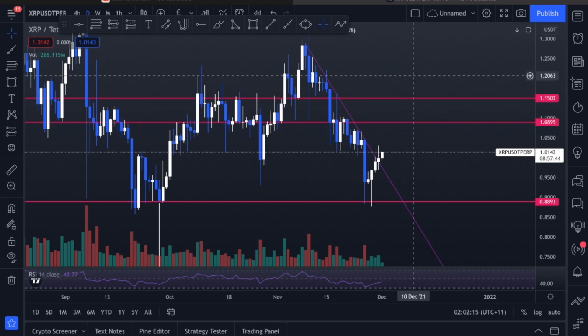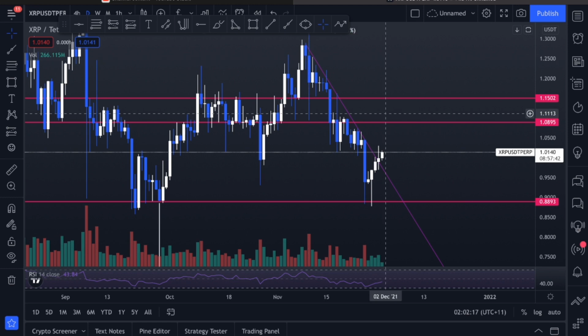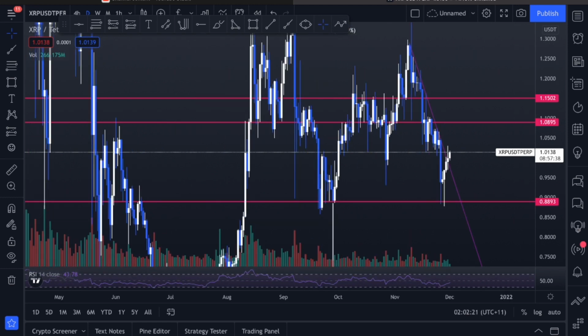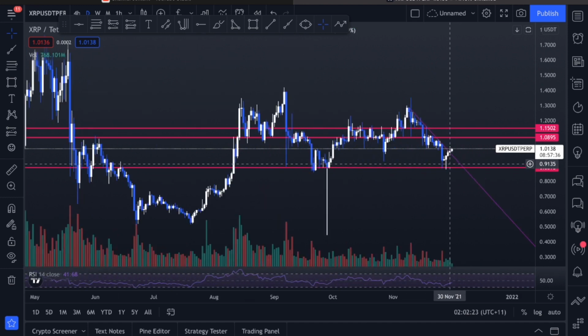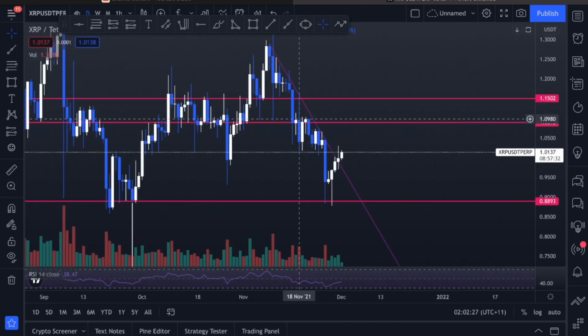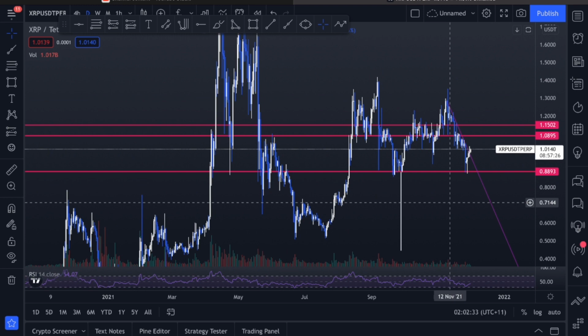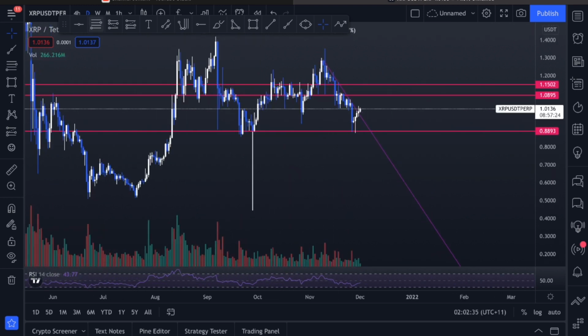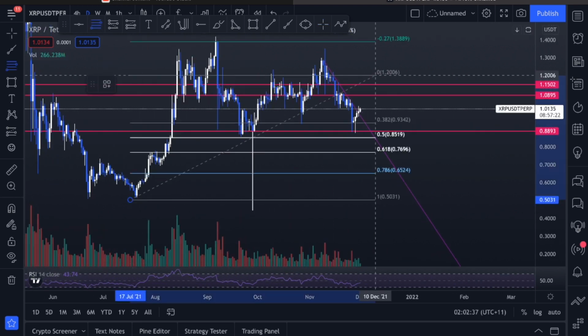And if we can break through that as well, we are good for continuation on XRP for the bull run, okay? And I feel like we've caught the bottom of XRP for the leg up that XRP is about to take, okay? So that's XRP, guys.